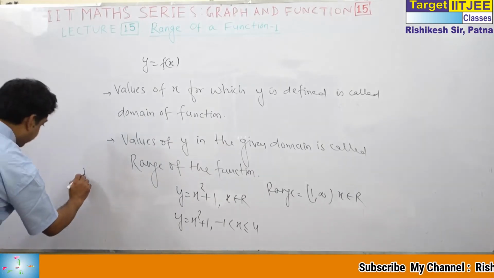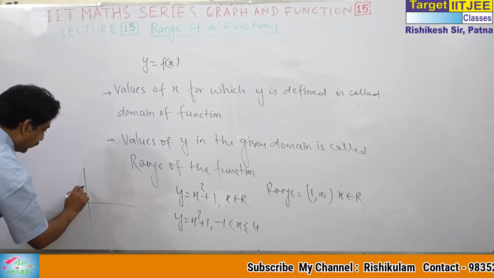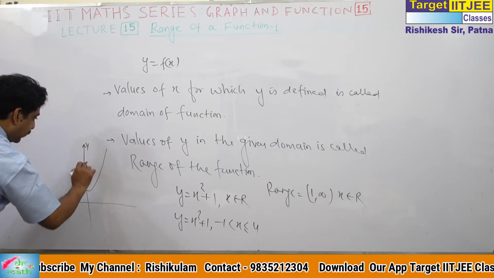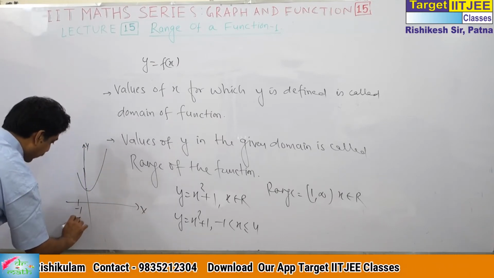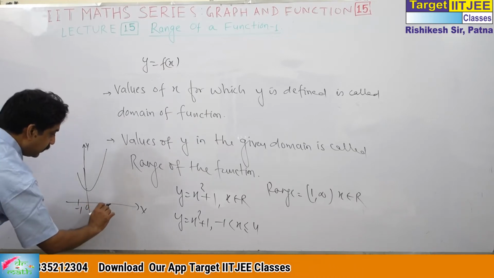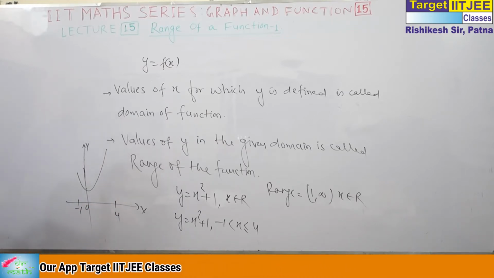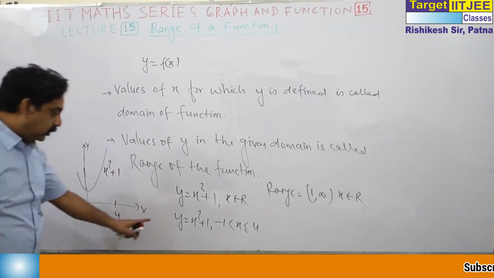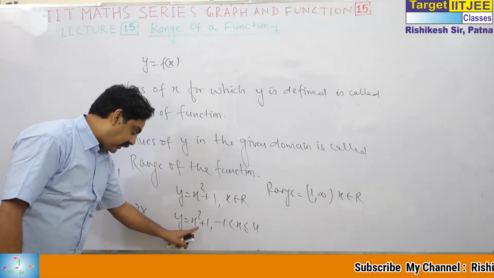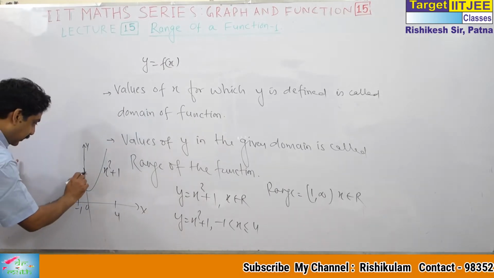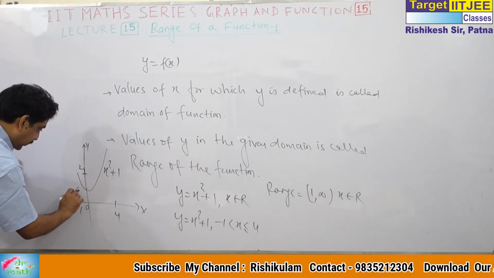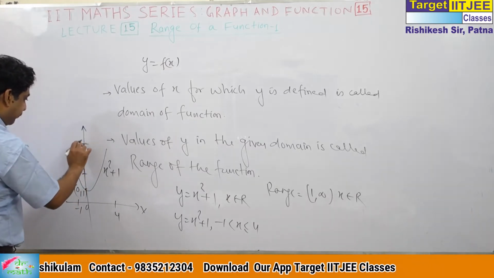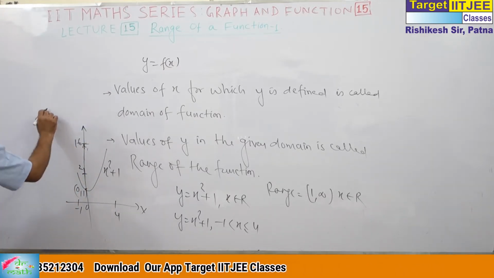I will take help of the graph. This is the graph of x square plus 1, with points minus 1, 0 and 4 on the x-axis. You can see this is minus 1, this is 2, this is 1, and this is 16. So what is the range?